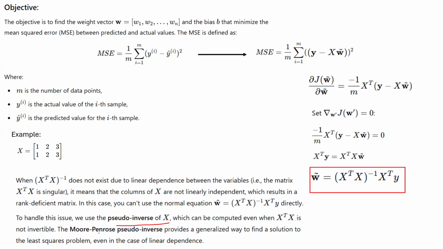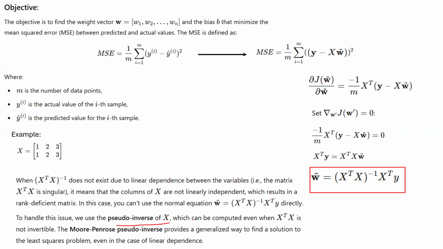The Penrose pseudo inverse provides a generalized way to find a solution to the least squares problem, even in the case of linear dependency. So even though there is a dependency, the inverse of the matrix can still be calculated using some software. Pseudo inverse of X can also be calculated using singular value decomposition. Okay, this all looks good.